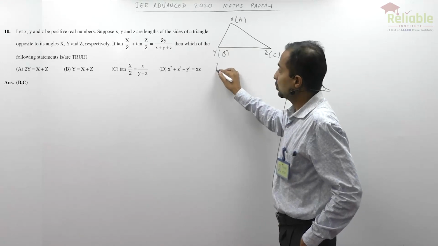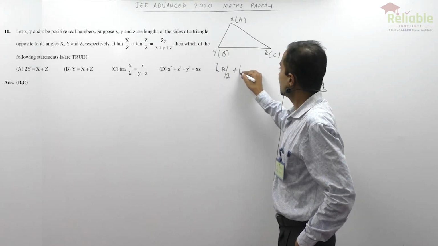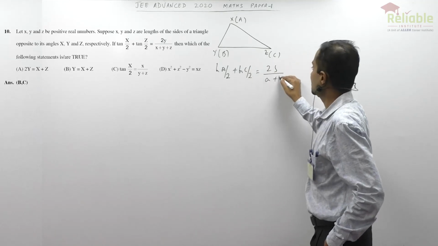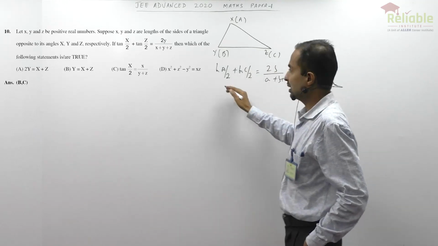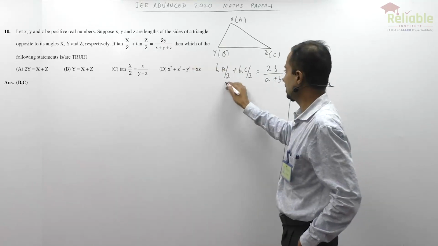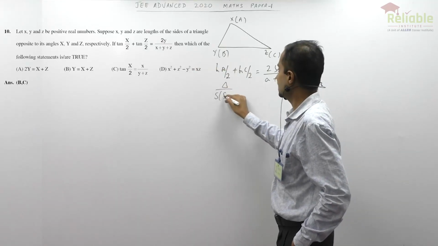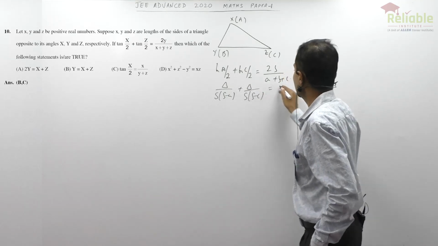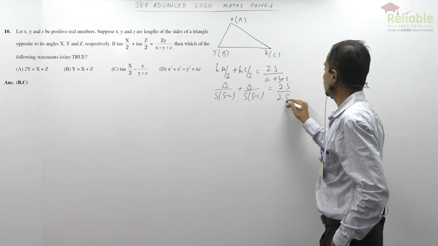So tan a by 2 plus tan c by 2 is equal to 2b upon a plus b plus c. Let's apply the formulas and then some relations are being asked. Delta s into s minus a, delta s into s minus c is 2b upon 2s.